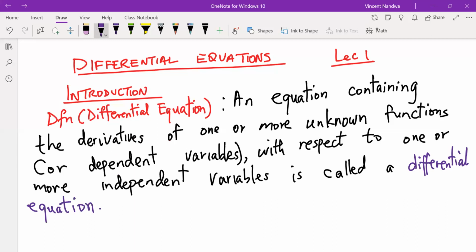So that's how we define a differential equation. But the next thing we discuss is how we classify differential equations.